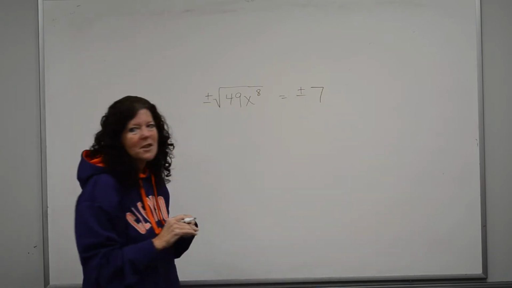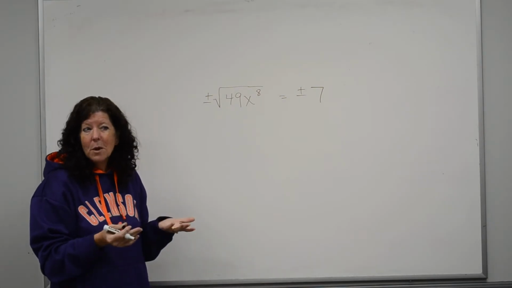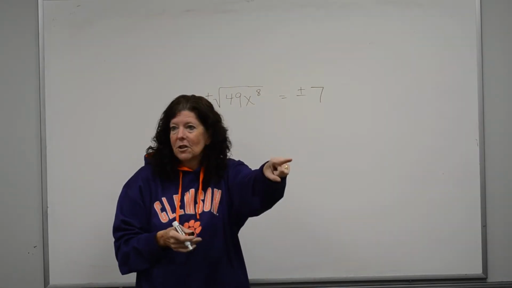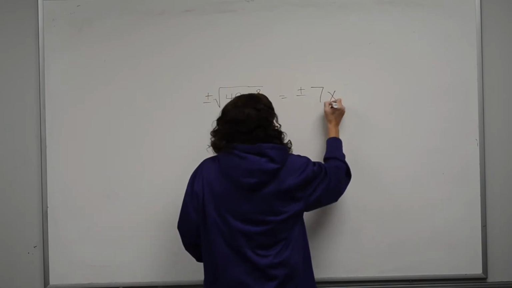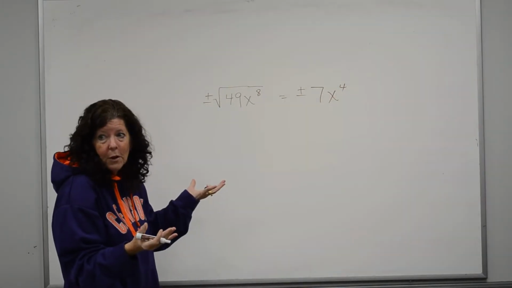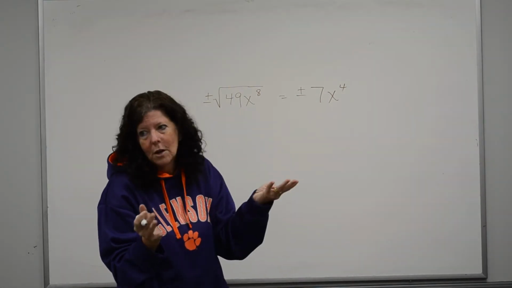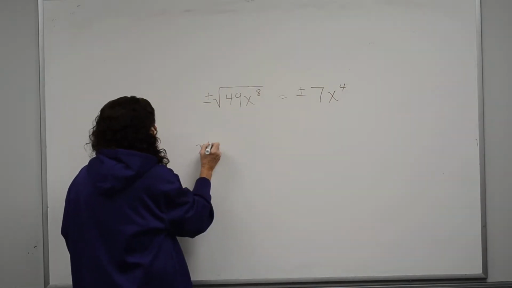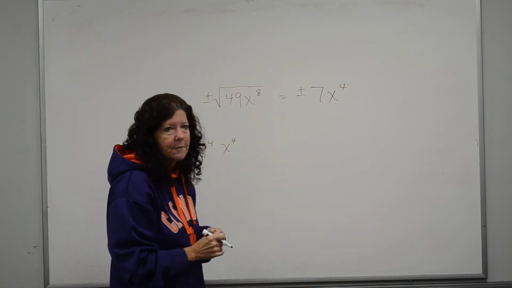Then I'm looking for the square root of x to the 8th power. What's the square root of x to the 8th power? What can I multiply by itself? X to the 4th, because x to the 4th times x to the 4th is x to the 8th. That's the square root of it, right? Okay, there's a shortcut. Okay, we love shortcuts. But technically what that is saying is what can I multiply by itself 2 times to get x to the 8th?